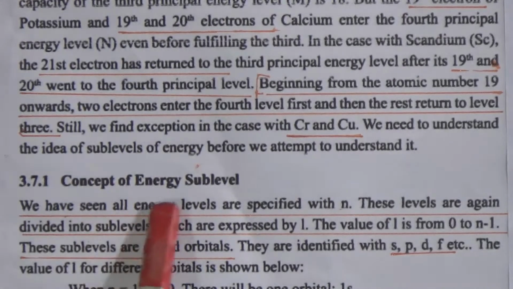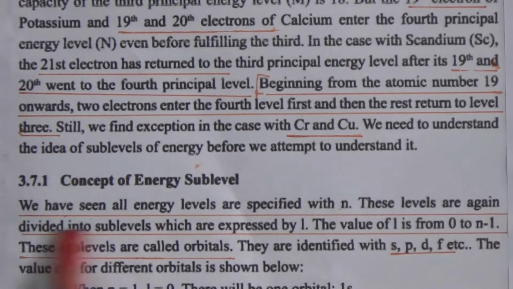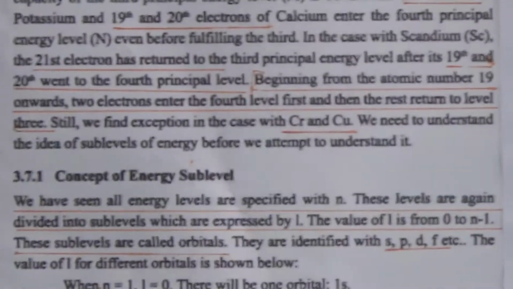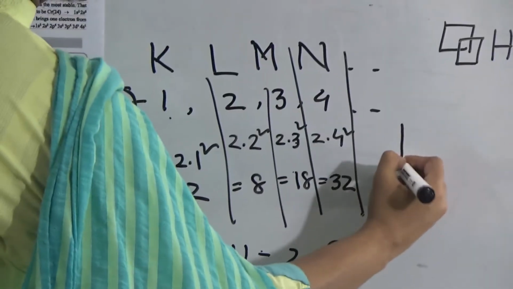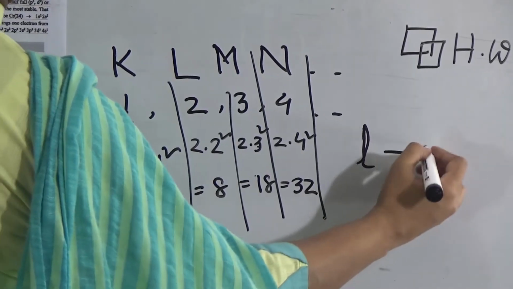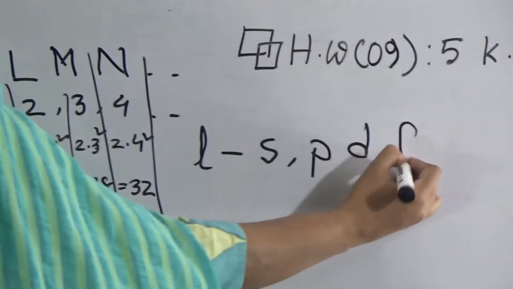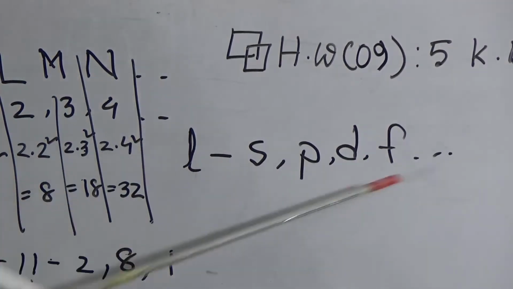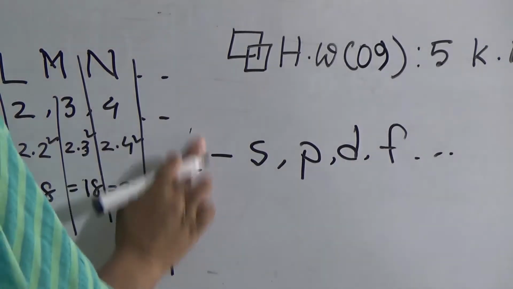We have seen all energy levels are specified with N, and these energy levels are again divided into sub-levels which are expressed by L. That means N is for main energy level and L is for sub-energy level, and there S, P, D, F, these are the sub-energy levels, and these also have some values.